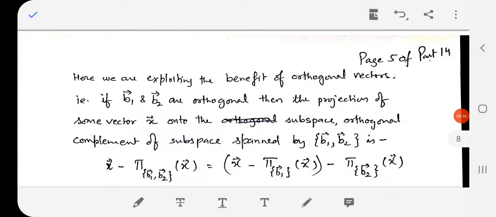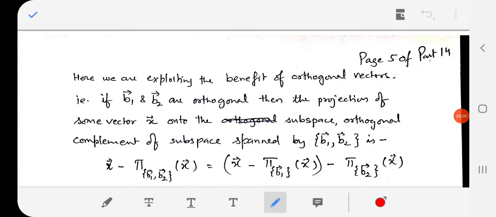Before going into that, let us try to prove what we mean: that if the projection is taken on the orthogonal basis, then the projection equals the projection along one basis vector plus the projection along another basis vector. Let us suppose we have a subspace spanned by b1 and b2, and both of them are orthogonal, right?